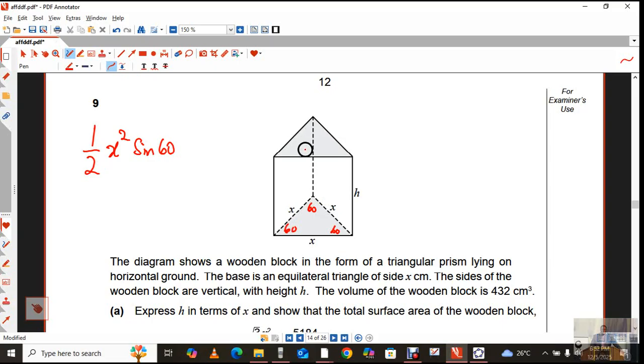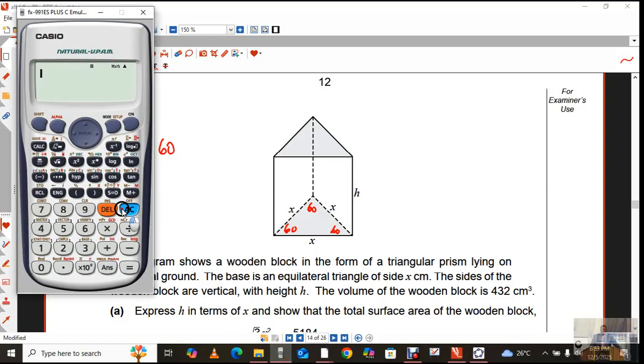And if we need to find the total surface area, I'll be multiplying this formula by 2, okay? So that is basically going to help me with the area. You know, the sine of 60 degrees, and I do expect you to know that, is root 3 over 2.